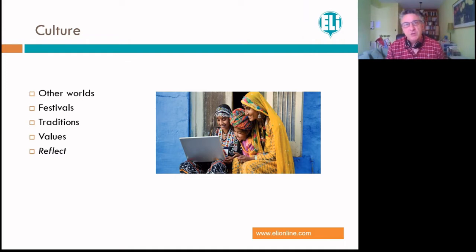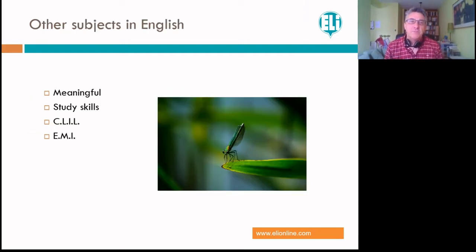As we approach culture in the classroom, we'll see that the students can look at what other people believe and have their own value systems, from family to family, region to region, nation to nation, and how that compares with their own. They must therefore reflect on that as we expose them to those concepts.